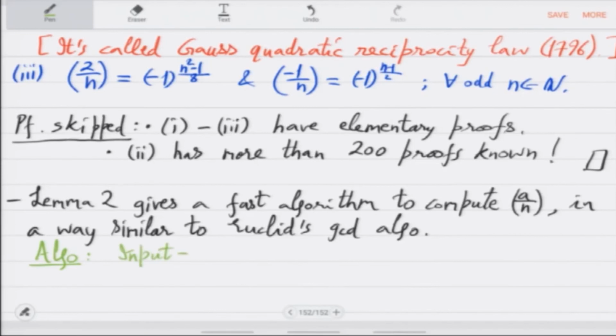In the input you are given a and n in binary. Compute the GCD of these; if the GCD is not 1, then you know that the Jacobi symbol, which is defined via the Legendre symbol, will be 0.